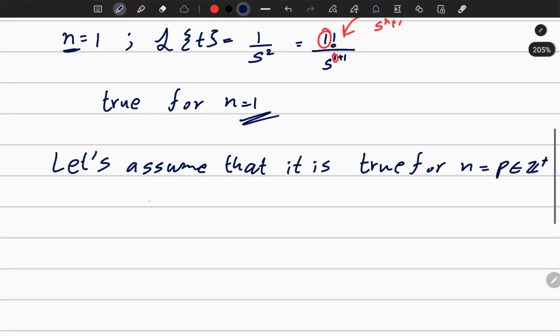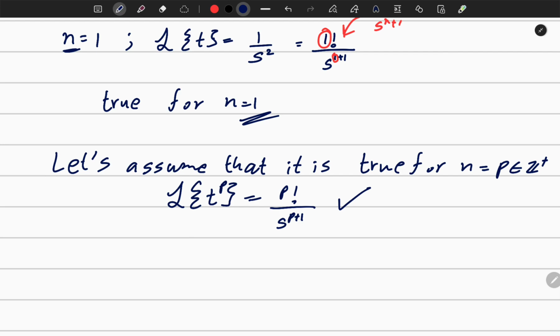I am going to assume this is correct: the Laplace transformation of t to the p equals p factorial over s to the p plus 1. I am assuming this is true.